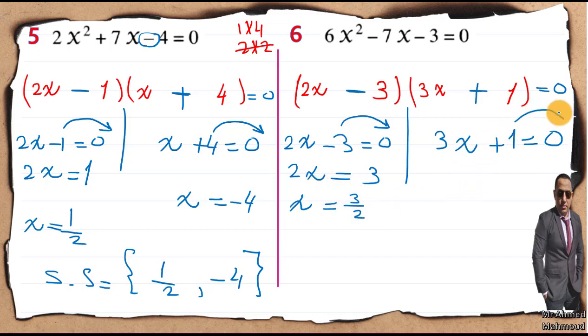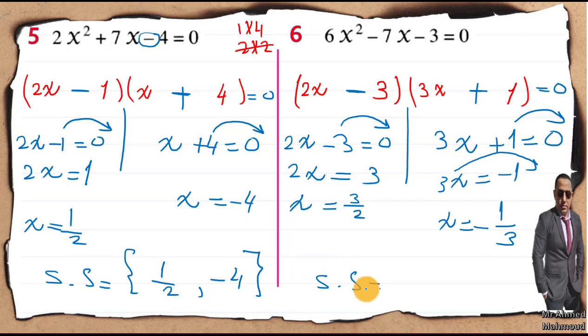And here I'm going to send 1, so 3x equals negative 1, and then I'm going to send 3, so x equals negative 1 divided by 3, or negative 1 over 3. So the solution set equals 3 over 2 comma negative 1 over 3.